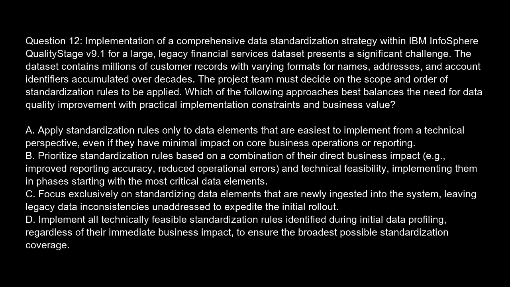Option C. Focus exclusively on standardizing data elements that are newly ingested into the system, leaving legacy data inconsistencies unaddressed to expedite the initial rollout. Option D. Implement all technically feasible standardization rules identified during initial data profiling, regardless of their immediate business impact, to ensure the broadest possible standardization coverage.